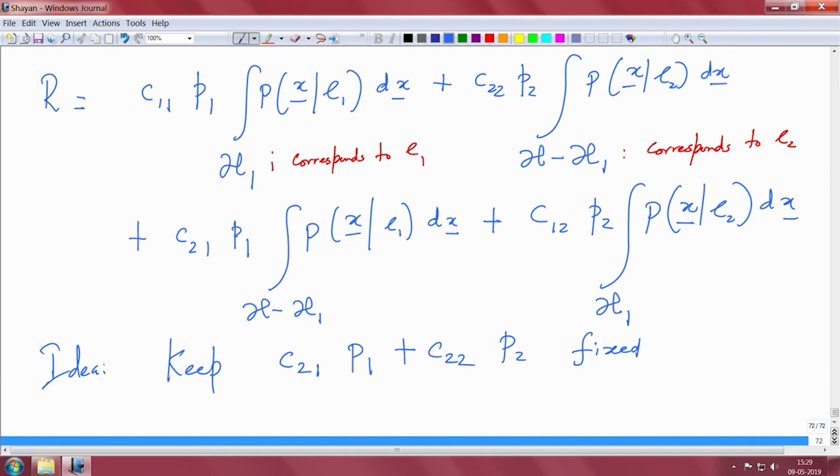Let us assume that we want to look at this cost of labeling this as class 2, right. It can go labeled from class 2 to 2, or the true label can be 1, but I classify it as 2, and let us say this is the cost that I have. I have to fix this cost. Keeping this cost, I have to minimize the rest of the quantities. Now, let us simplify this.